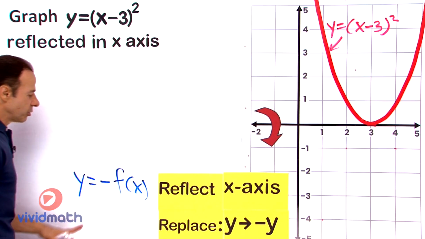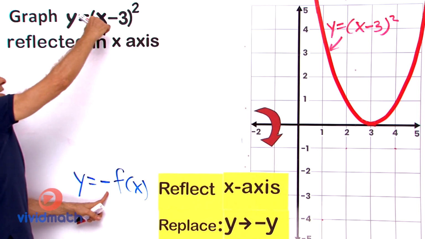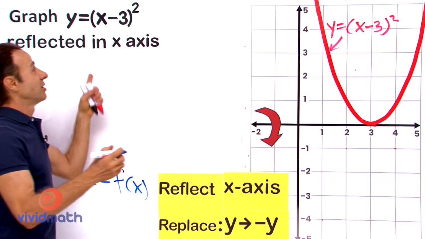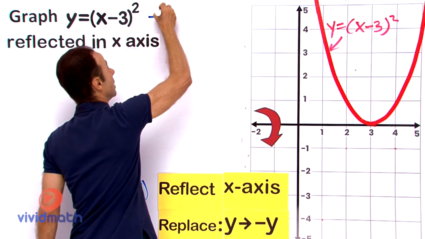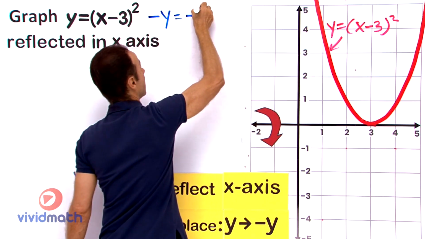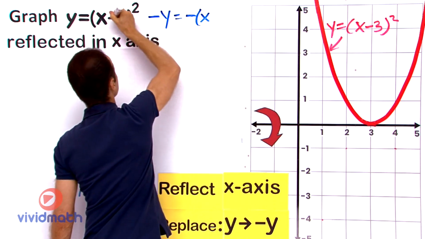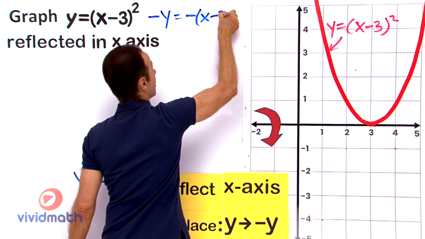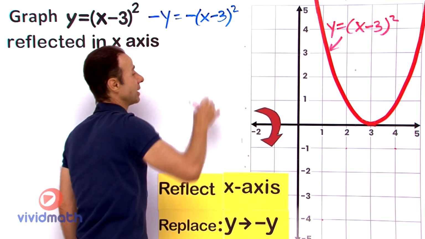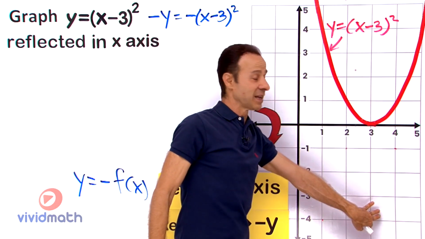All we're doing is putting a negative in front of it. So let's take this and put a negative in front of it. So now negative y is going to equal negative, that bracket, just copying it down, (x minus 3) all squared. So there's our reflected image graph down there.